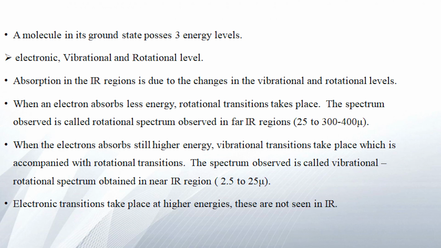When a molecule absorbs less energy, rotational transition takes place, which is the rotational spectrum, in the far IR region, 25 to 400 micrometers. When it absorbs still higher energy, vibrational transition takes place, accompanied by rotational transition. The spectrum absorbed is called the vibrational rotational spectrum.